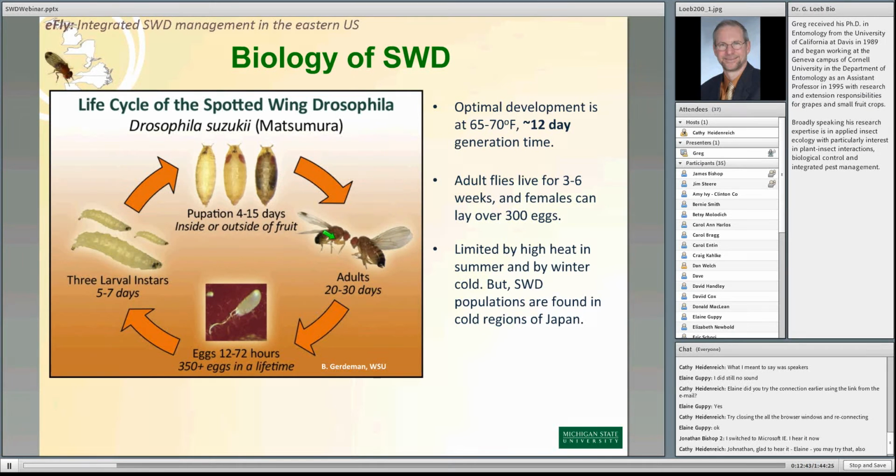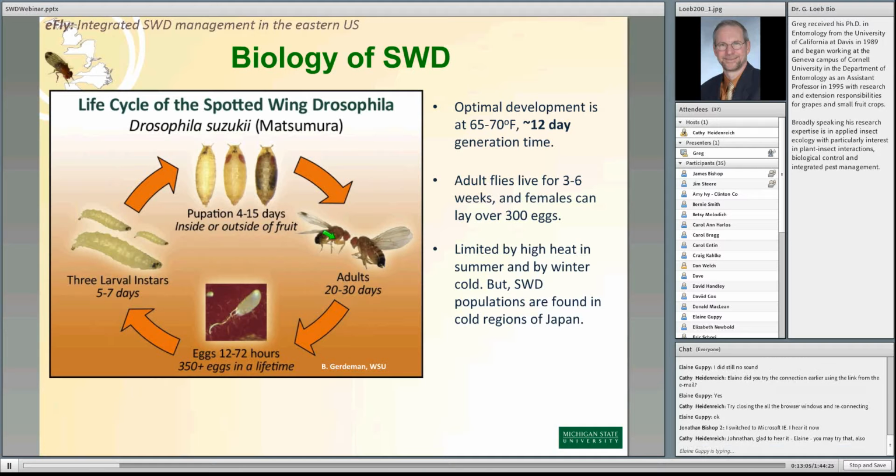At the optimum temperature, around 70 Fahrenheit, they can go through this entire cycle from adult to an egg-laying adult in 12 days. That's pretty quick. So there's a possibility of getting a number of generations during the season, and if things are surviving well, you have the possibility of building up quite large populations quickly.